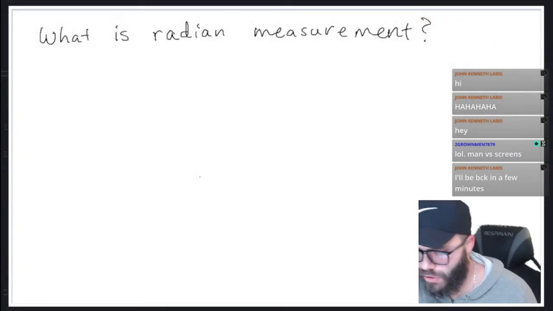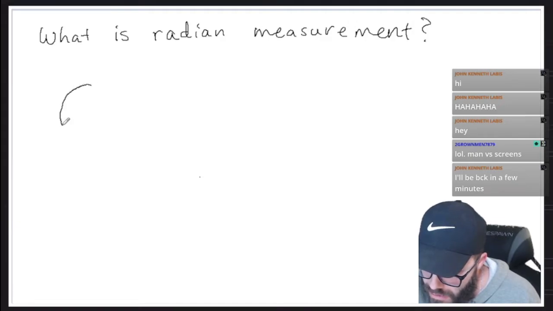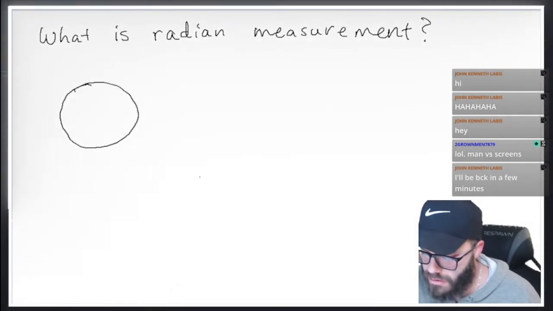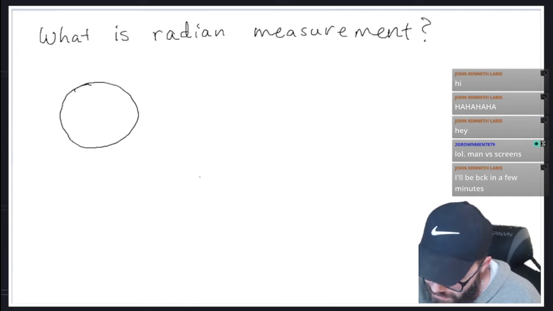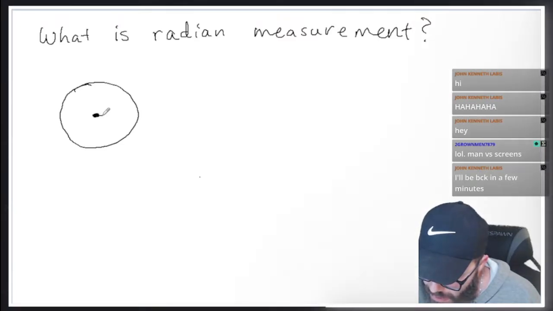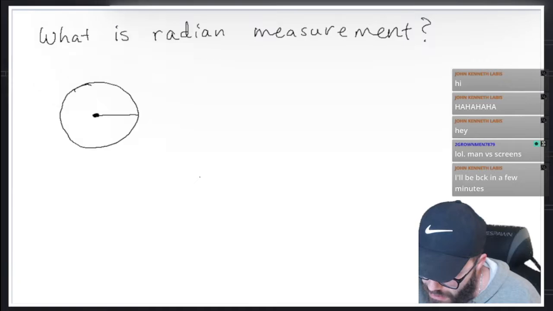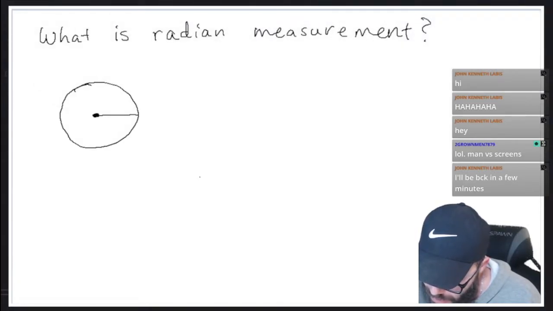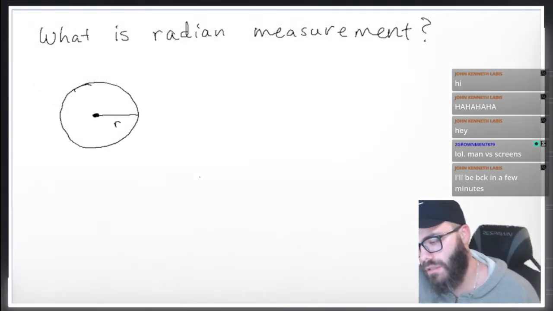So I'll draw a circle first. Not a perfect circle, but it's all right. In a circle, we have the center here. We know the radius of a circle is the distance from the center of that circle to any point on that circle, say there. So I can label this R.